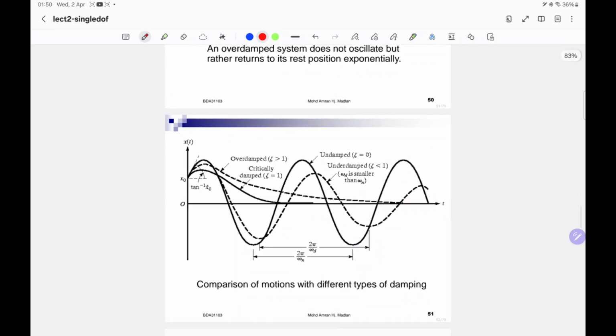And if we compare undamped, underdamped, overdamped and critically damped: undamped means it doesn't have any damping effect. Underdamped means there is a damping effect, but it is very small. Overdamped takes a longer time to die out, so this is the response for overdamped.